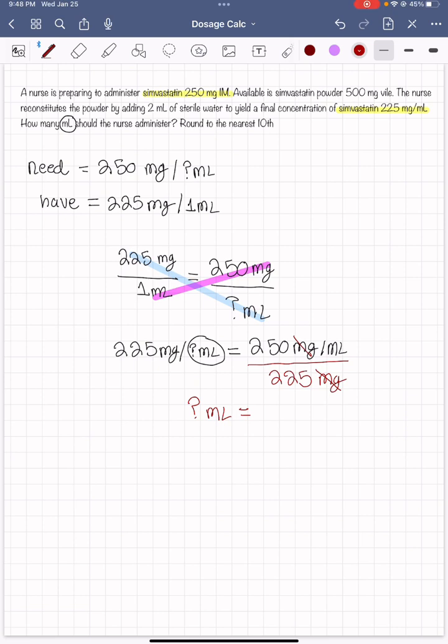This gives us approximately 1.1, and our milligrams canceled out. We're left with milliliters. So if we round to the nearest tenth, it's already rounded, we have 1.1 milliliters. That is how much we are going to draw up in our vial, okay? So, a lot of information, but our answer is 1.1 milliliters.